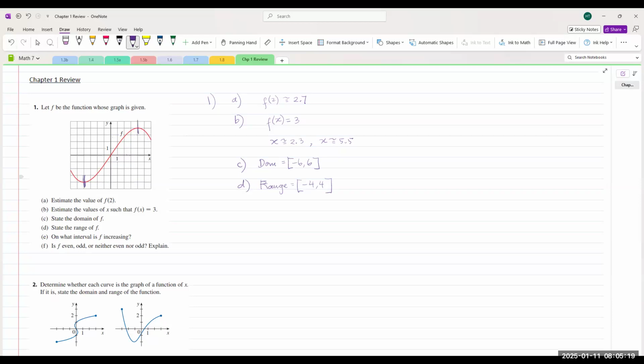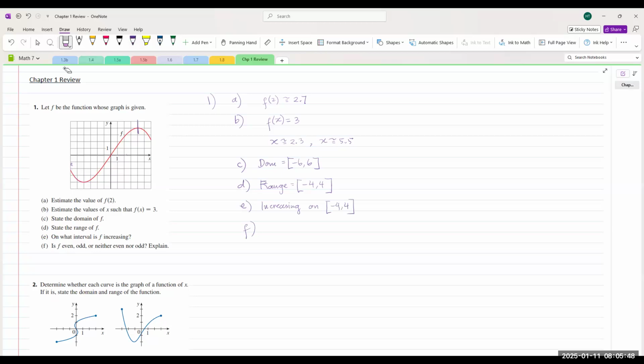Imagine if you walk through this from the left to the right, you know that you will be going up from -4, increasing on from -4 to +4. And then part F, is the function even, odd, or neither even nor odd?